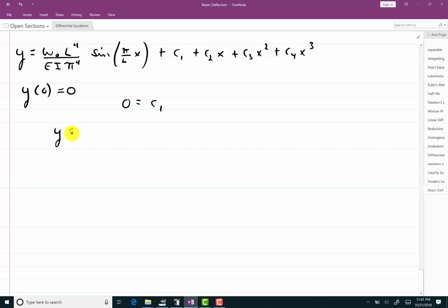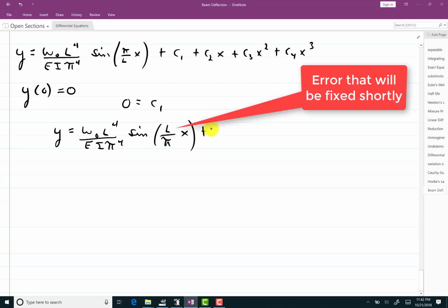Y equals W naught L to the fourth all over EI pi to the fourth sine of pi over L x, plus C2x plus C3x squared plus C4x cubed.